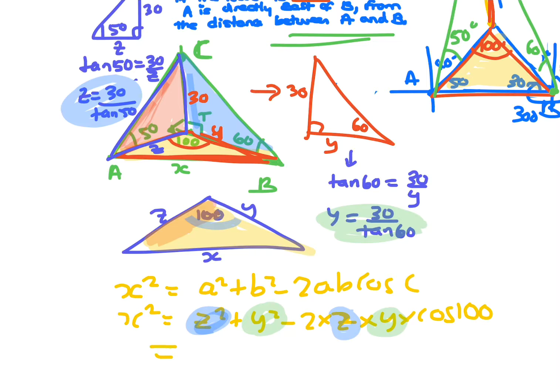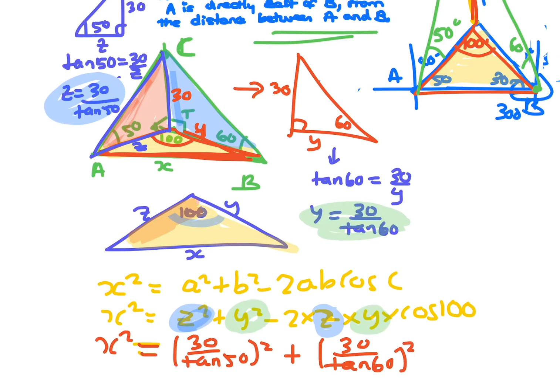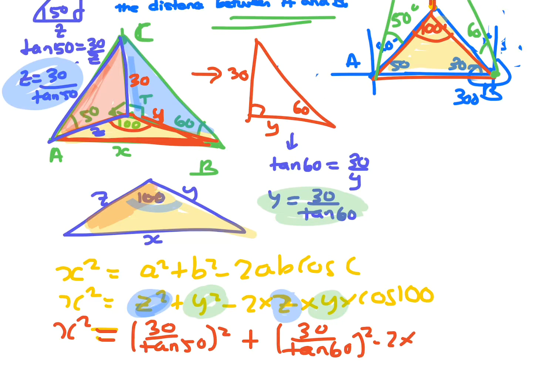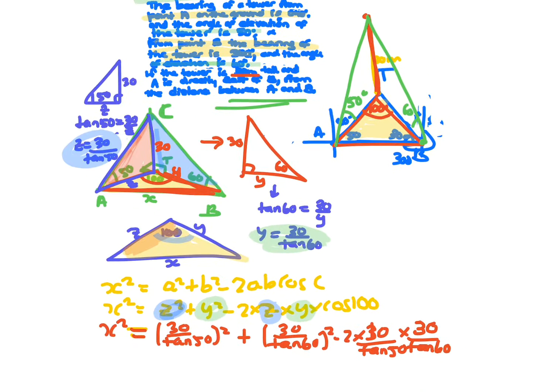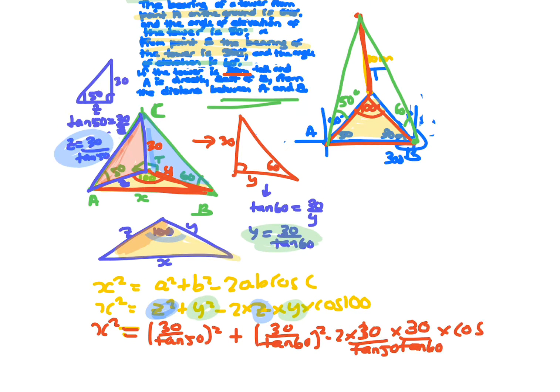So that means that we are going to have x squared equals 30 on tan 50, and I'm going to put a square around the bracket, plus 30 on tan 60 squared, and then minus 2 times 30 on tan 50 times 30 on tan 60, and then we multiply by cos 100.